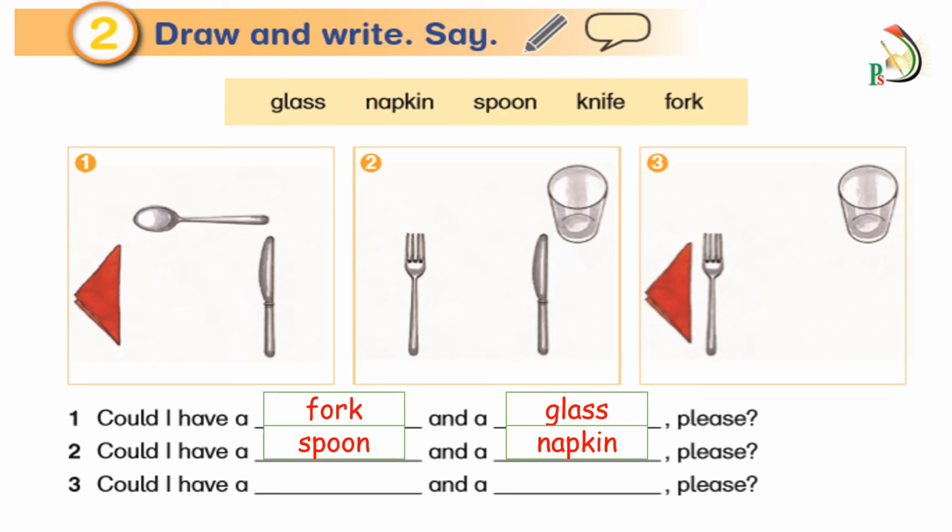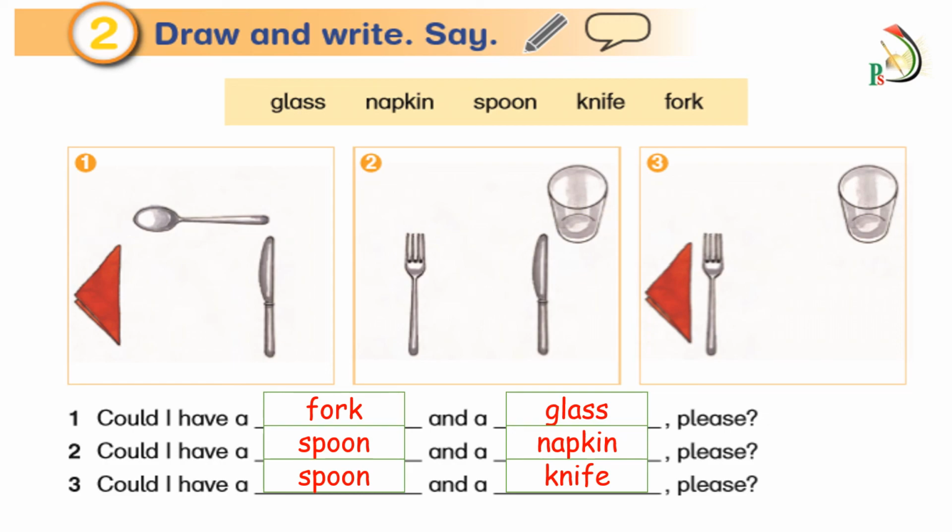Could I have a and a, please? Write your answer down. Don't forget to use the words in the brown box to complete the question. Now check your answer. Could I have a spoon and a knife, please? Excellent. Great job. Don't forget to draw the spoon and the knife on table number 3.